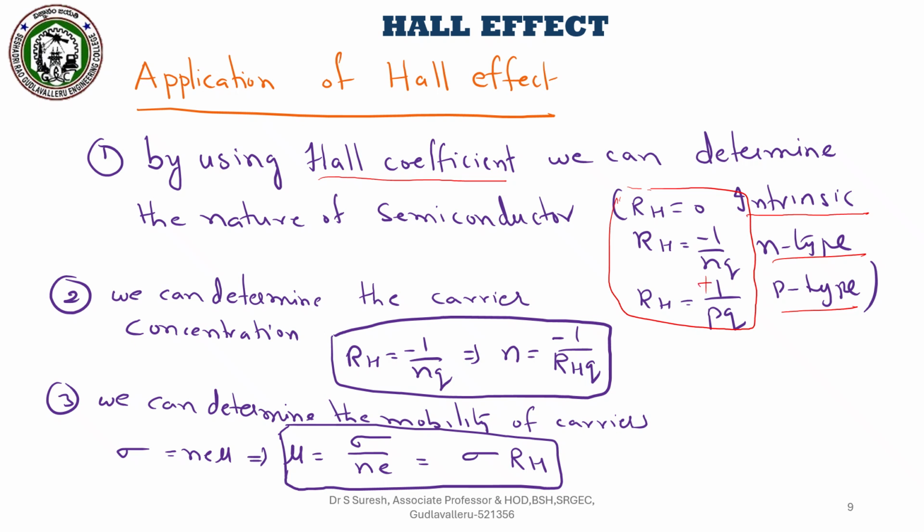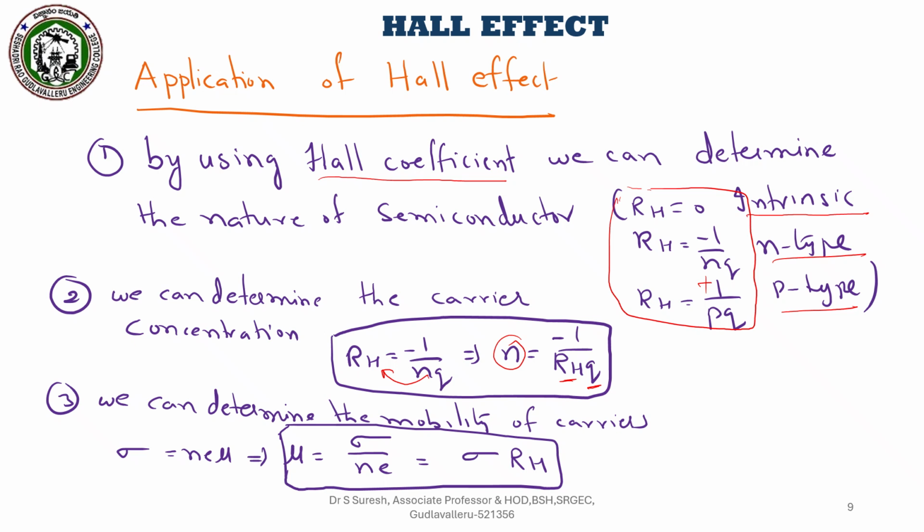And by using this Hall effect, we can also determine the carrier concentration. That RH is equal to minus 1 by nq. Send this n this side. n is equal to minus 1 by RH into q. So with the Hall coefficient and the charge of the electron, we are able to find out the carrier concentration of n as well as p. We can also determine the mobility of carriers. We know that sigma is equal to n q mu, so mu is equal to sigma by nq.